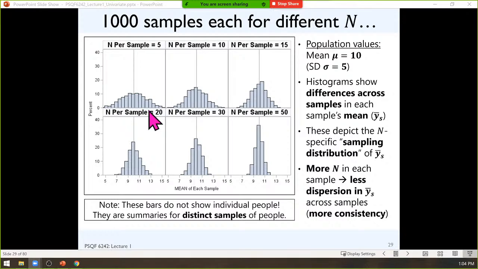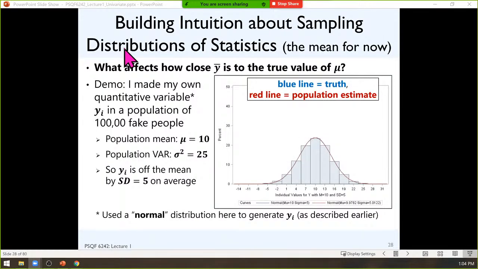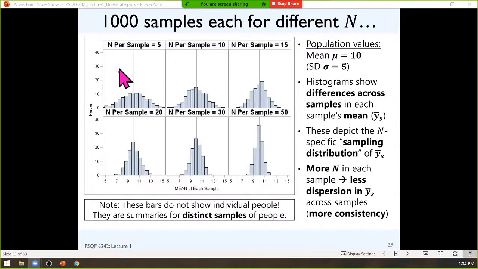A sample of 5 people is probably not a great sample, but it is what it is. If I got a sample of 5 people and I did that 1,000 times, so within my distribution of 100,000 fake people, I draw a sample of 5, I compute the mean. I draw another sample of 5, I compute the mean. I do that 1,000 times. This first picture up in the left-hand corner is what I get.